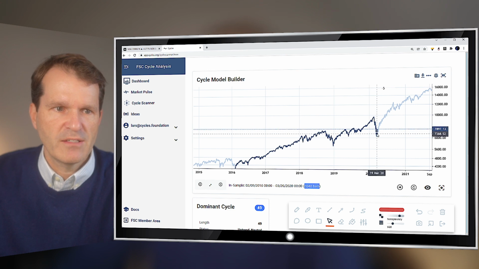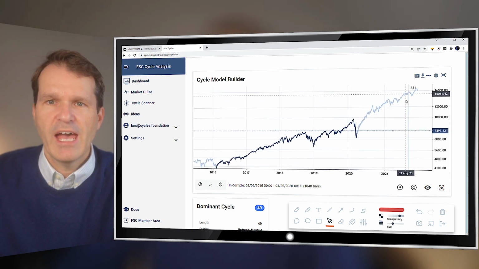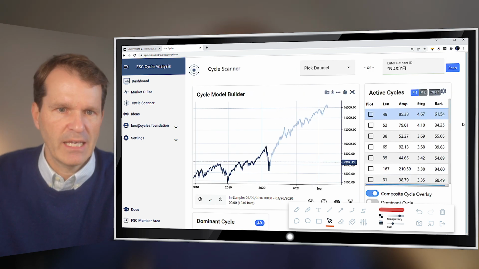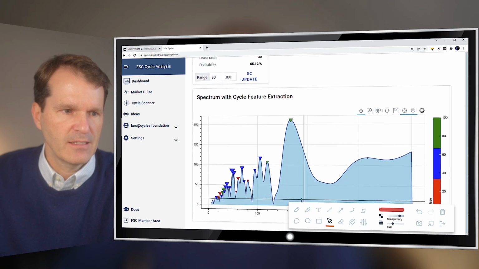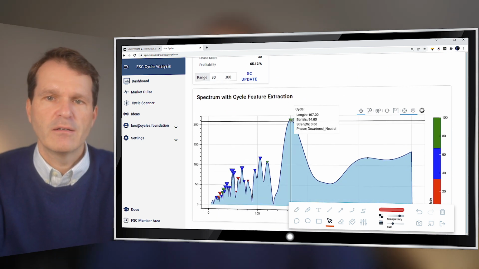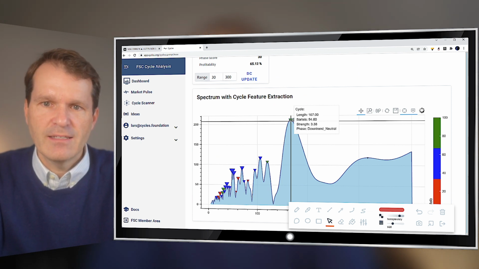We have some swings in this data set, so that's okay, and we don't have the strong up leg included in this data. Now let's have a look at the cycle analysis. The spectrum chart is what we're looking at, and we see one clear peak here with a length of 167 days in the NASDAQ.